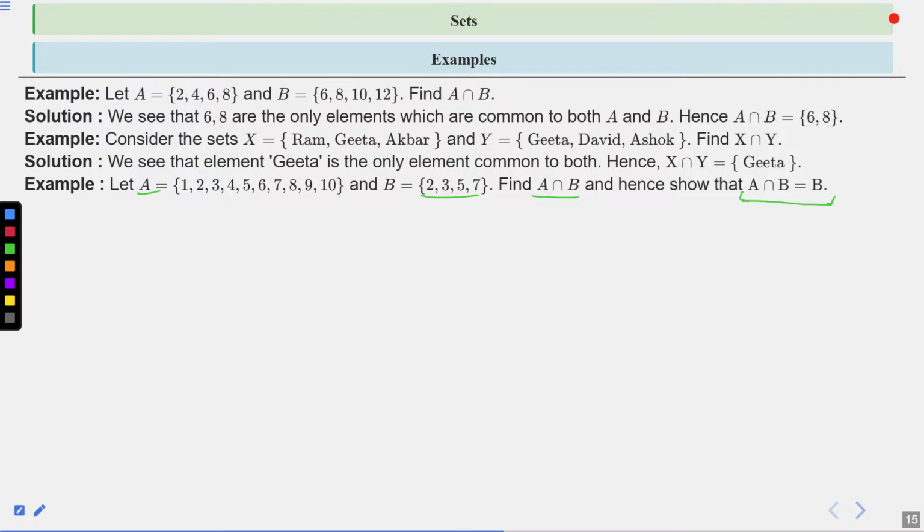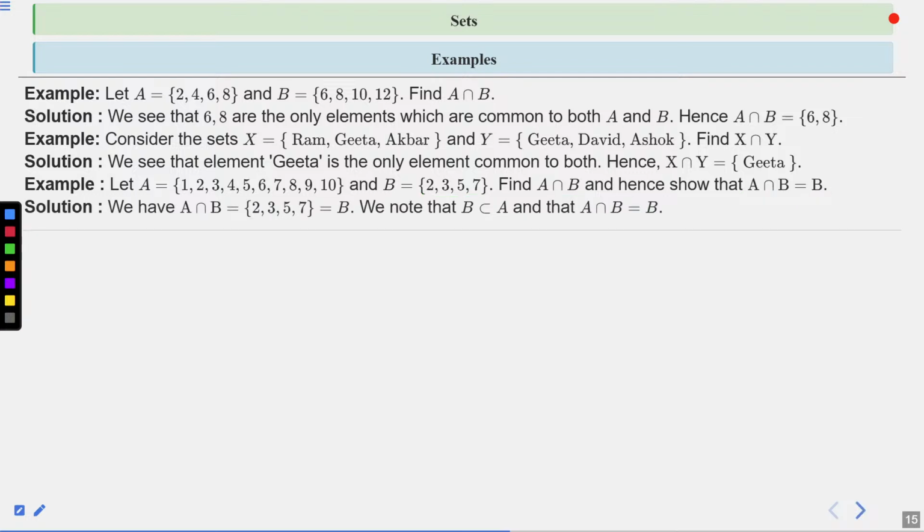Yes, very good. In intersection cases, if you have a set which is a subset of another set, then the intersection will be the subset. In this case, B is a subset of set A, so A intersection B will be B.